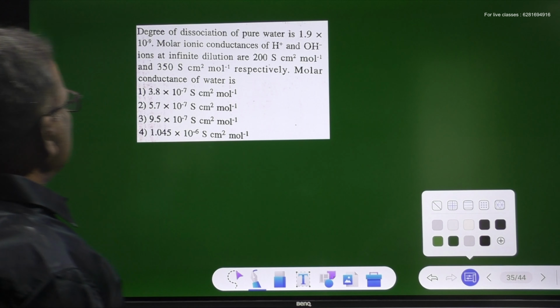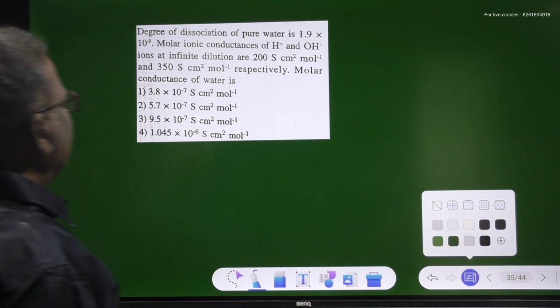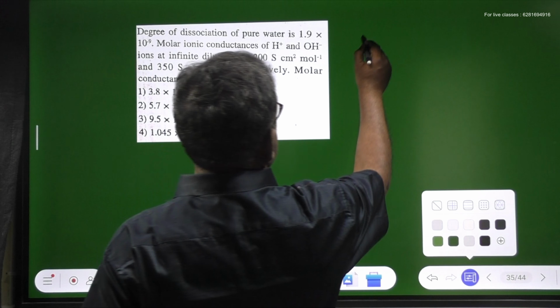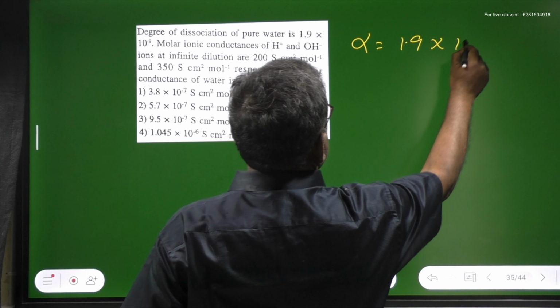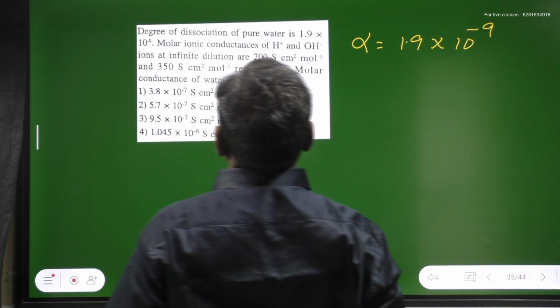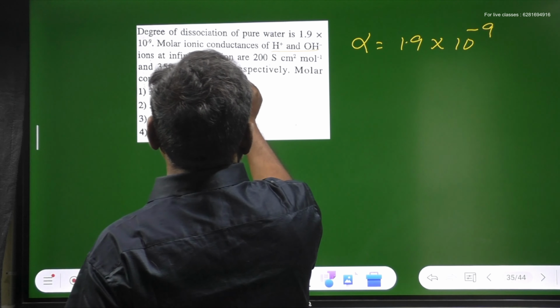The degree of dissociation of pure water alpha is equal to 1.9 into 10 to the power minus 9. Then molar conductivities of H+ and OH- ions.